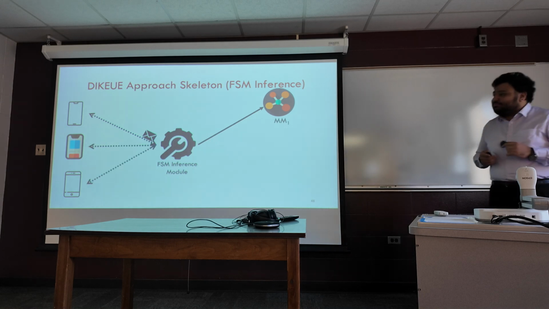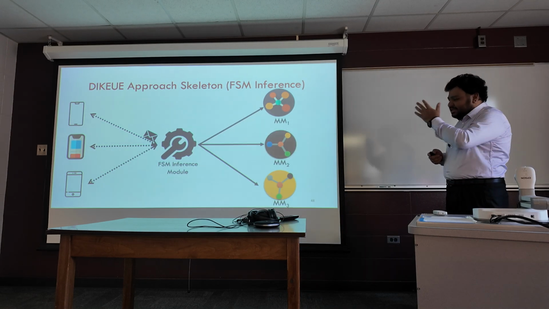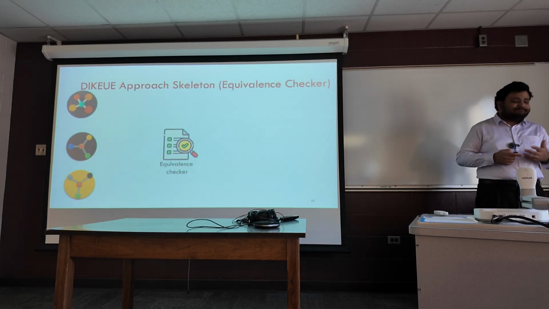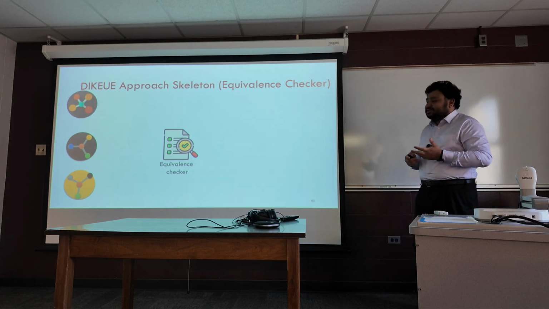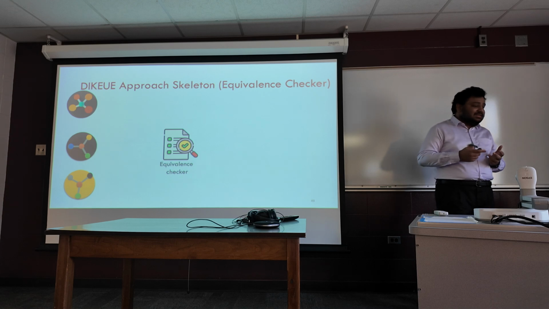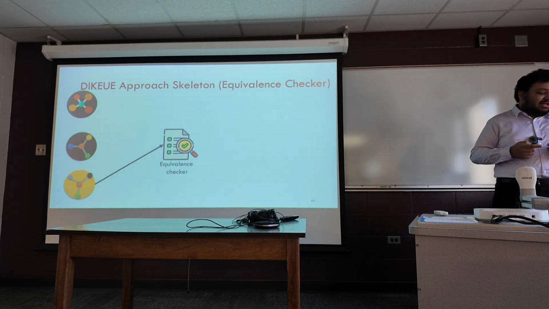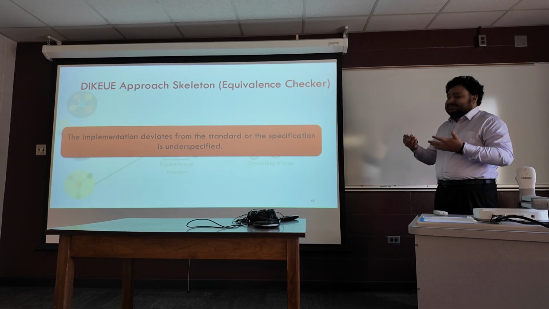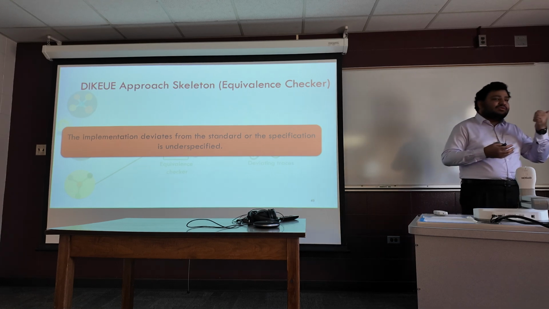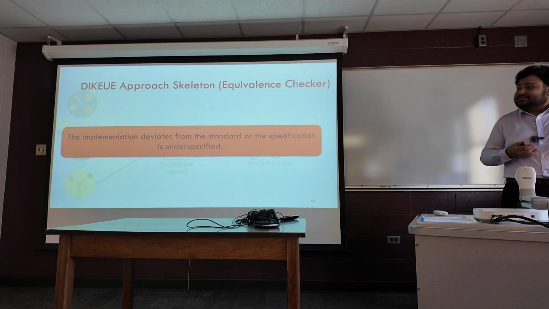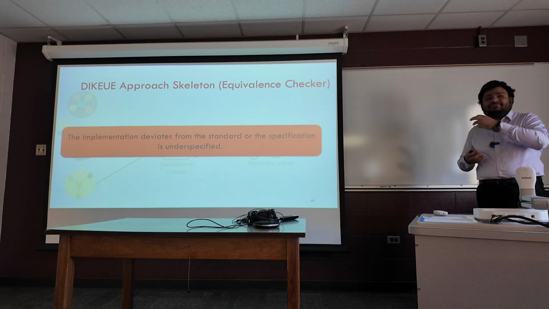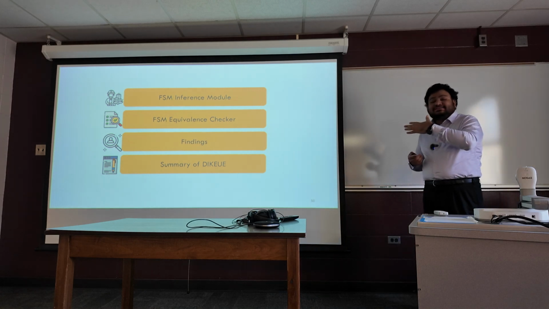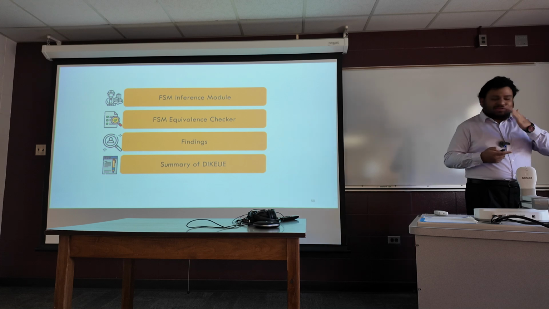So we apply this approach to all the smartphones that we have, create these Mealy machines, and then we take these Mealy machines and design an equivalence checker module based on model checking of safety properties, and we pairwise check all these models that we created and find deviating traces. As I said, the deviating traces are a proof that at least one of the implementations is deviating from the standards, or the standard, at least in that place, is under-specified. So I will go into different parts: how this FSM inference works, the equivalence checker, findings, and summary.